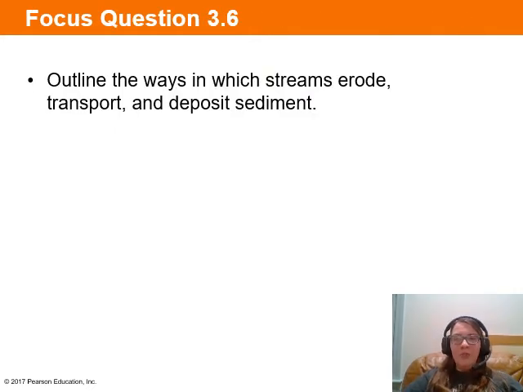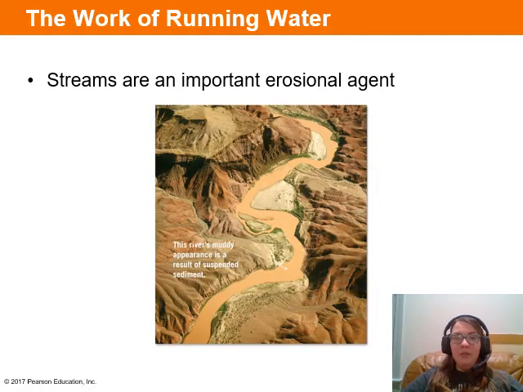When we look at our streams, though, it's not just water that's flowing through an area. These streams also carry sediment with them. And they don't only carry the sediment, but they're going to be able to erode as well as deposit sediment. So streams are going to be very important when it comes to erosion. And I've said this with probably every single chapter we've talked about so far.